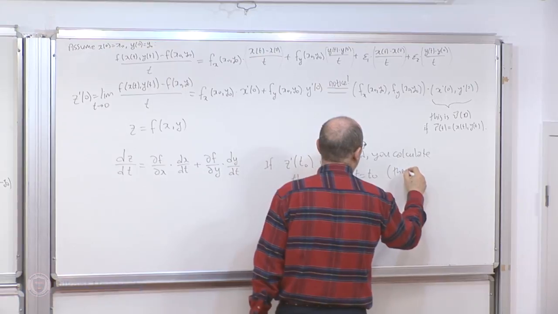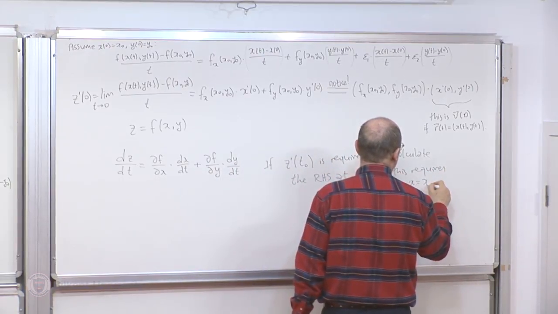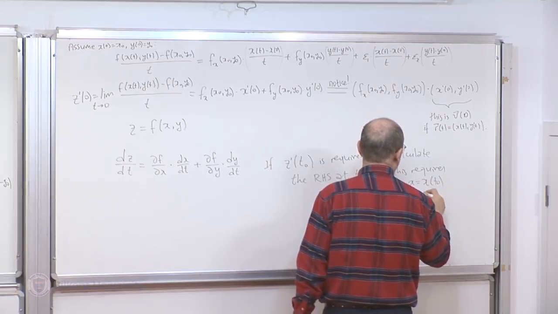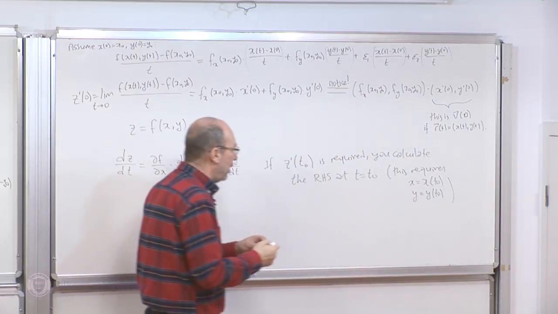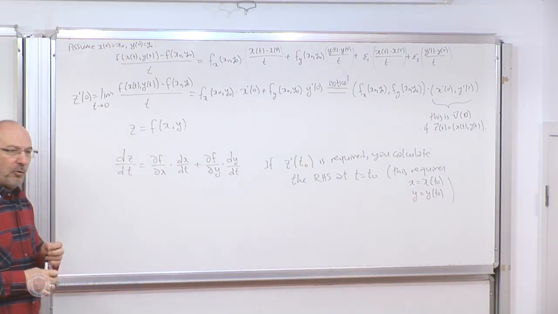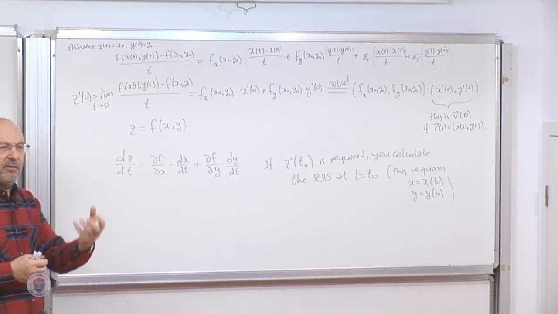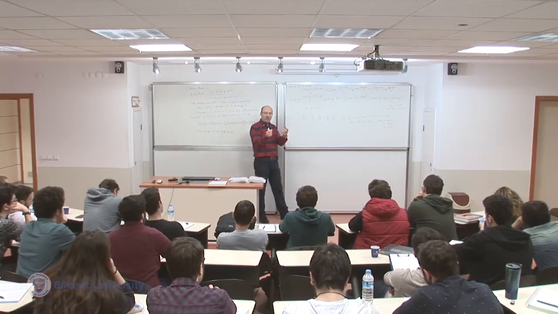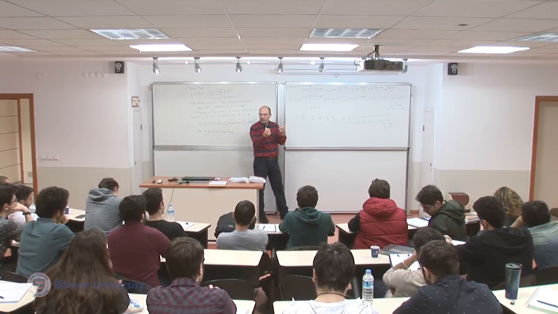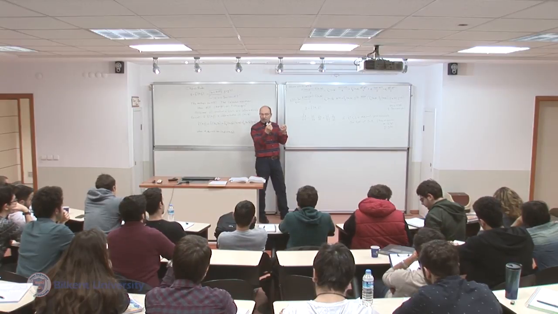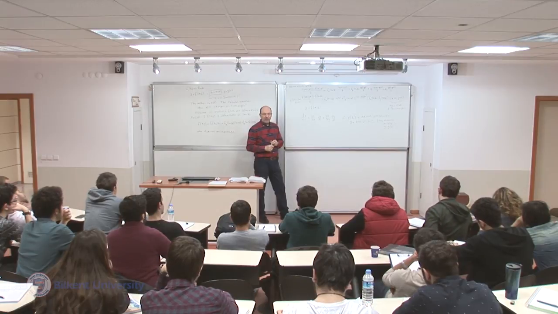So this requires x to be calculated at x(t_0) and y calculated at y(t_0). Okay, so that's probably the only thing where you have to be careful in doing chain rule. Also in one variable. Okay, you take the derivative of this function and then you take the derivative of the variable, you multiply them. But now if you want a number, you have to evaluate them in the correct way. Okay, so you evaluate them at the values specified by the final parameter.